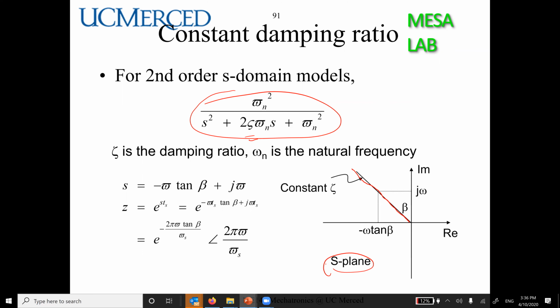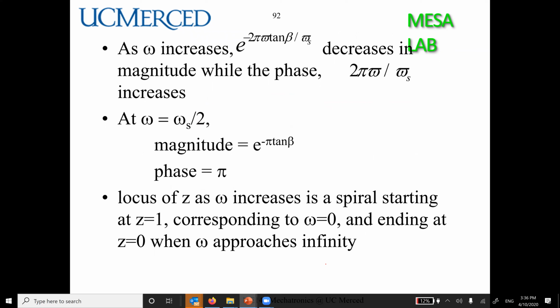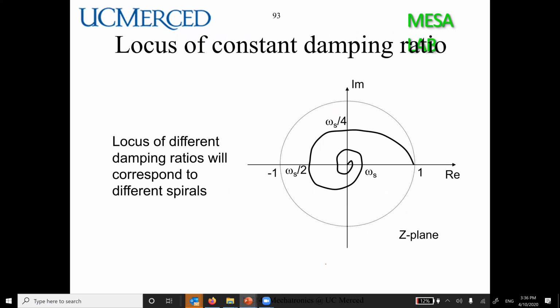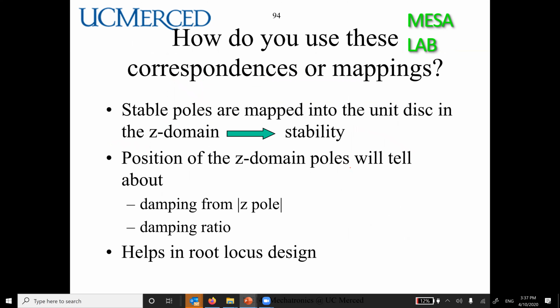We replace this into s, do some math, and in this locus of the constant damping ratio, you basically have this line. So this line will become something like this.